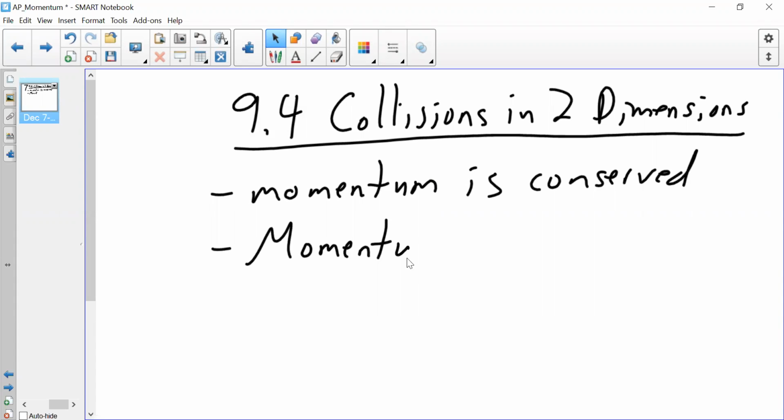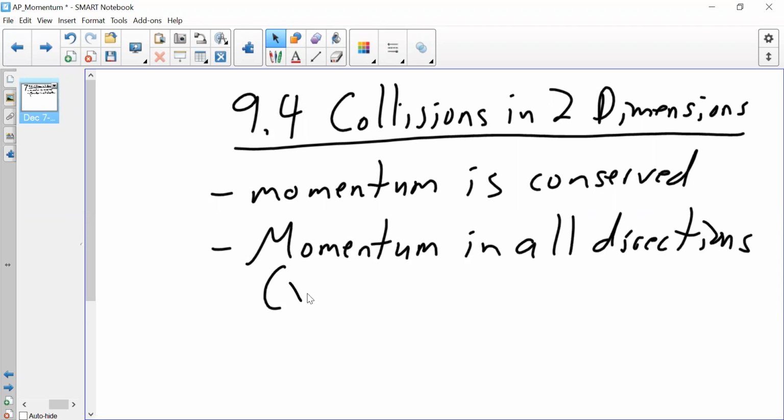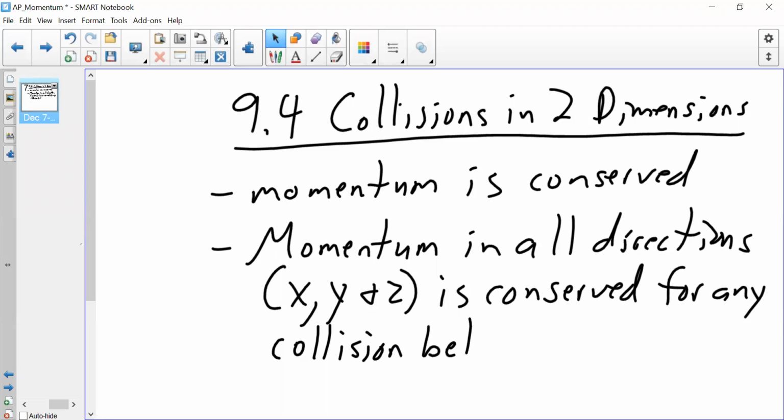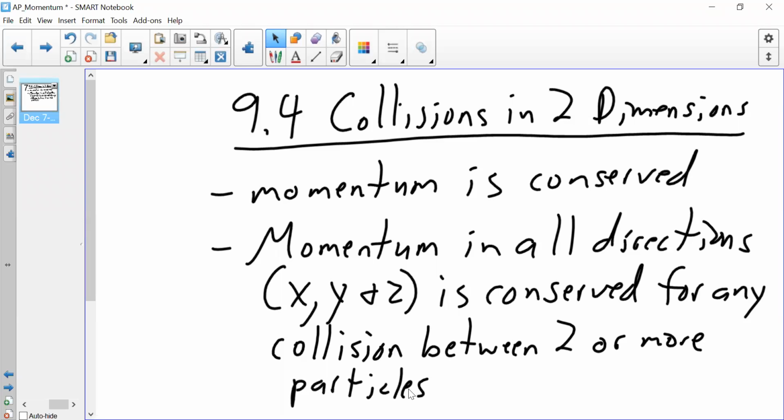So no matter what, based on that, momentum in all directions, X, Y, and Z, is conserved for any collision between 2 or more particles. Pretty standard.